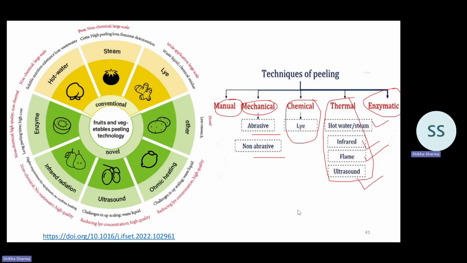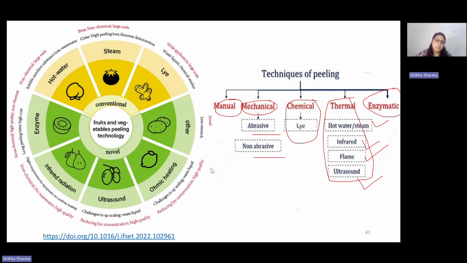The peeling of fruits and vegetables can be done using conventional methods like hot water, steam, and lye. Also, different novel methods can be used, like enzymes, infrared radiation, ohmic heating, and ultrasound methods. So we can have peeling using these different methods.